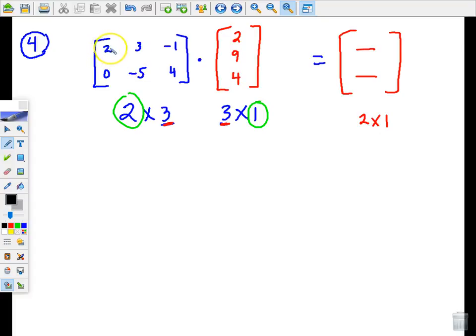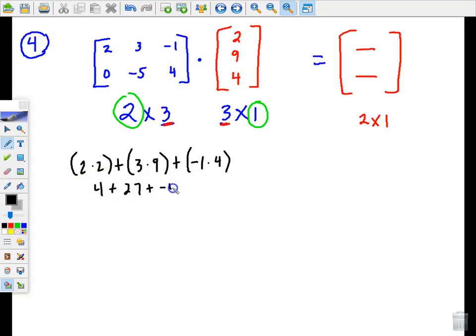So let's match them up. 2 times 2, plus, now choose the seconds of each, 3 times 9, plus, and now -1 times 4. Okay, 4 plus 27 plus -4 is 27.